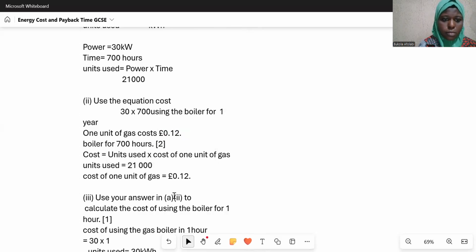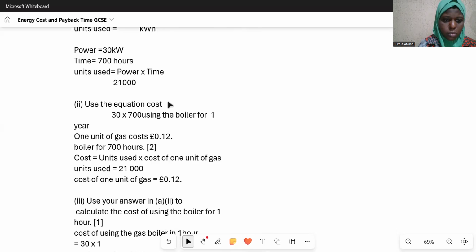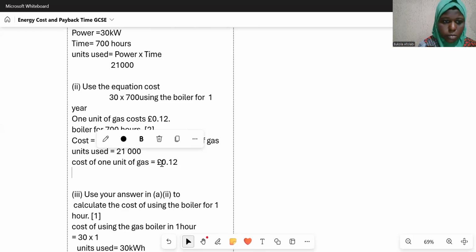So now, to find the cost of running the gas for 1 year for 700 hours, it's going to be 21,000 multiplied by 0.12 pounds.